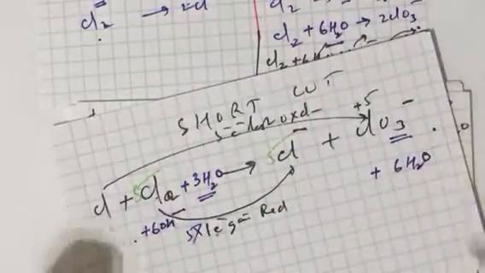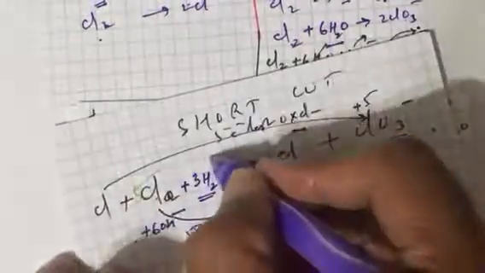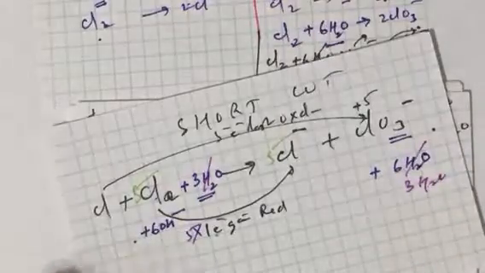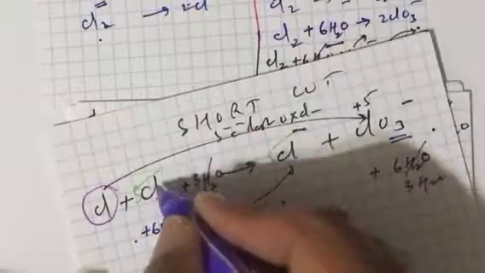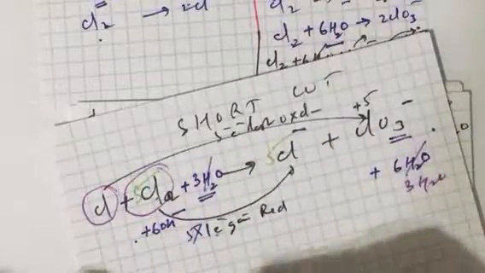That's all. Now your work is done. If you cut the equal terms, 3 waters you cut. Now your final equation is there in the shortcut method. This is 1 Cl. Here you have 5 Cls. Put together 6 Cls, 3 Cl2.